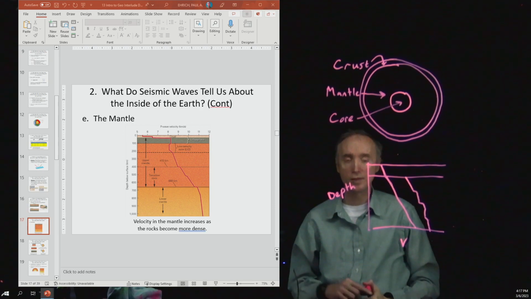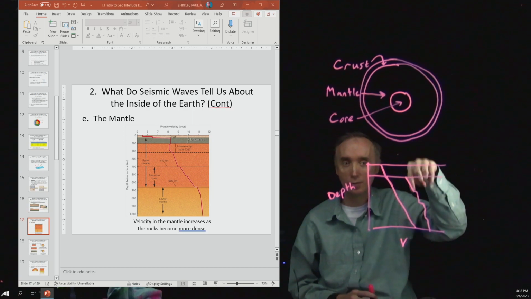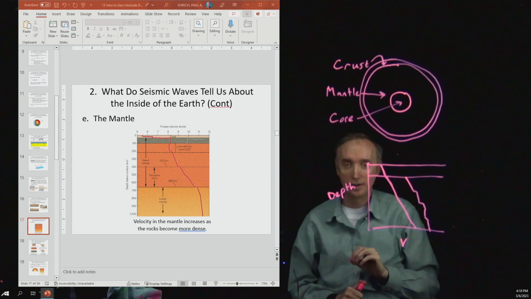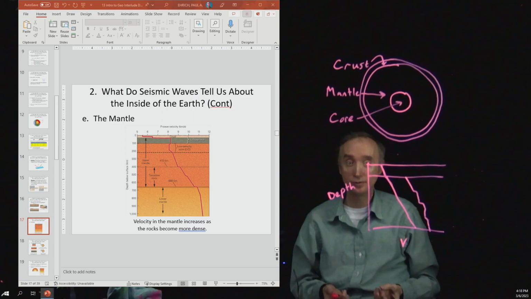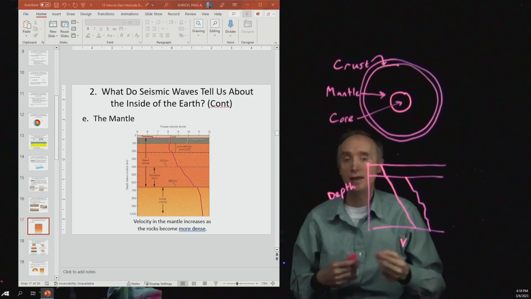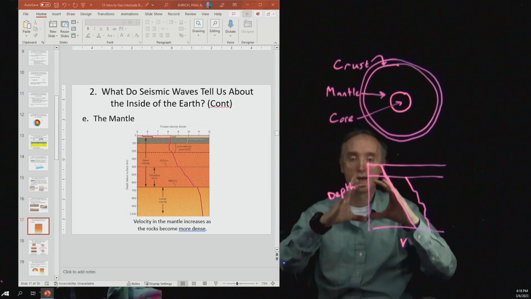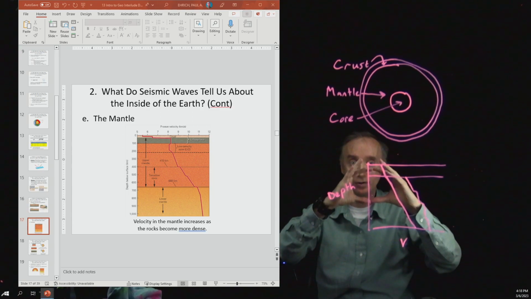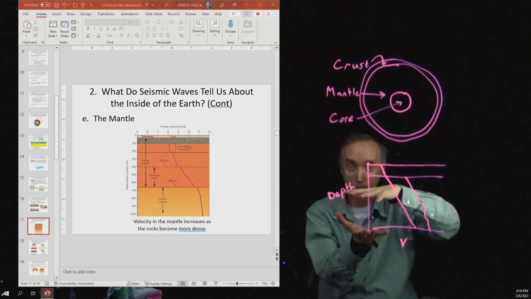And so what they think is happening here is that as the seismic wave gets deeper, the rocks are changing. And so the rocks can be changing in composition the deeper they go, and the rocks could be changing in state, meaning that the minerals that have a certain structure, the deeper you go inside the earth, that structure begins to change due to the increase in pressure.